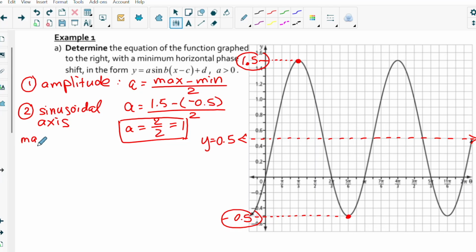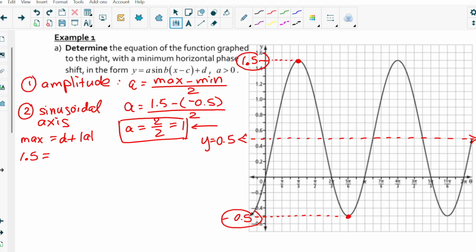Remember this equation? The max value equals D plus the absolute value of A. This should make sense. If I want the maximum value, I take the D value, which is my midpoint, and I add the absolute value of the amplitude. I know the amplitude is 1, and I know the max value is 1.5.